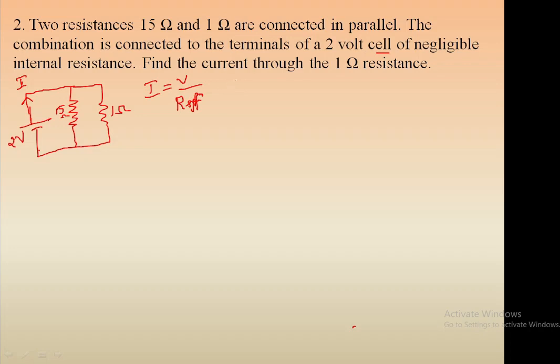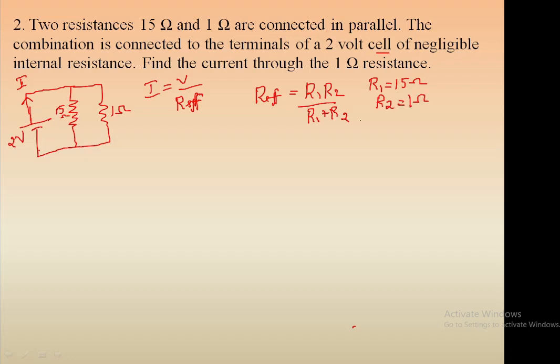So what is the effective resistance of this combination? Since the two resistances are in parallel, we can write R effective as R1 into R2 divided by R1 plus R2. Let R1 be 15 ohm and R2 be 1 ohm.